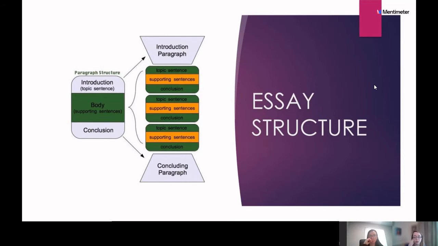But the general layout would be an introduction, paragraphs with 1 point per paragraph, and then a concluding paragraph. Roughly, if you had 2,000 words, you'd spend 200 words on the intro and 200 on the concluding paragraph, and then break it down to 400 words for 4 points, so 4 paragraphs.